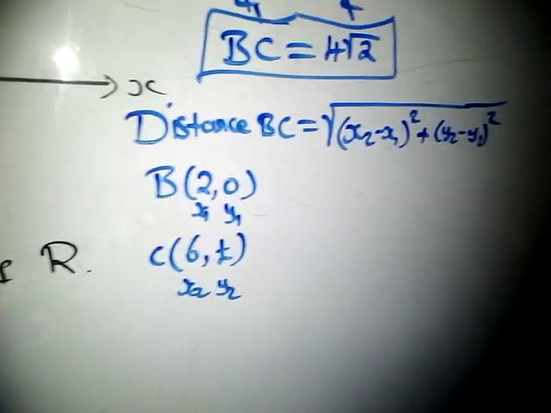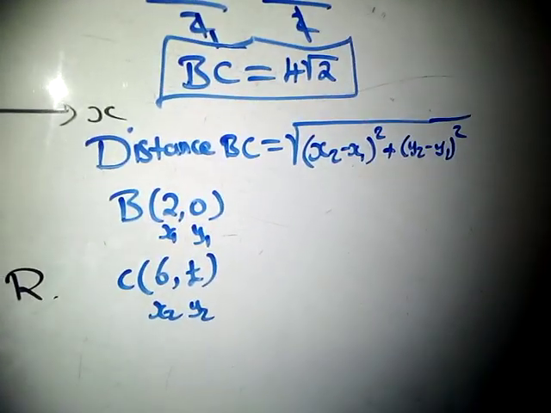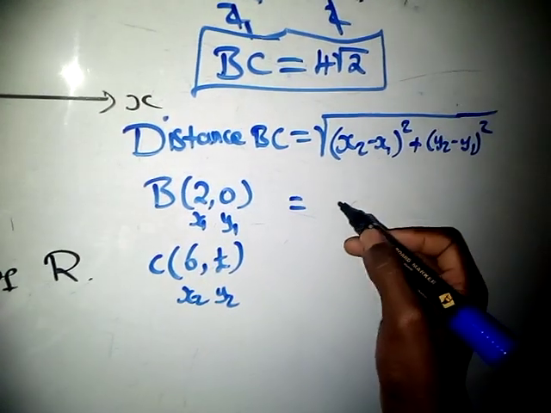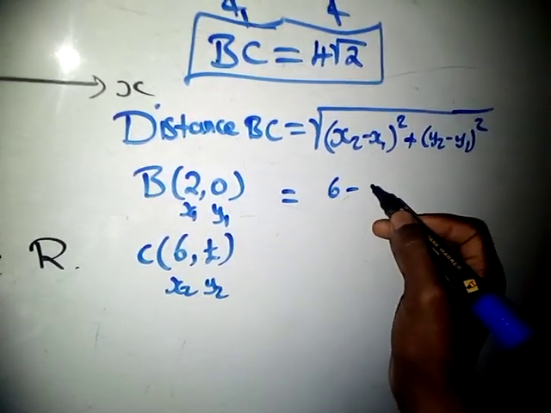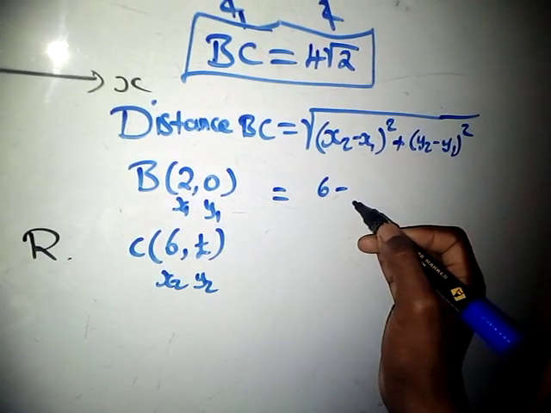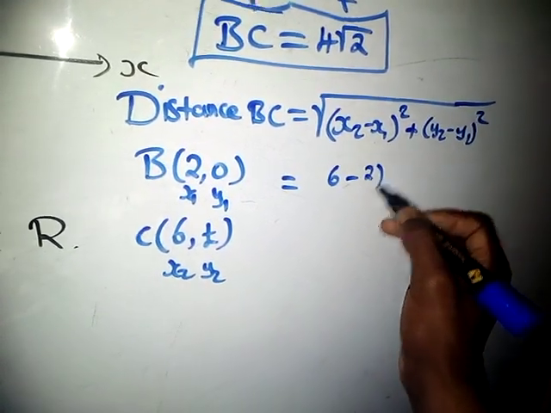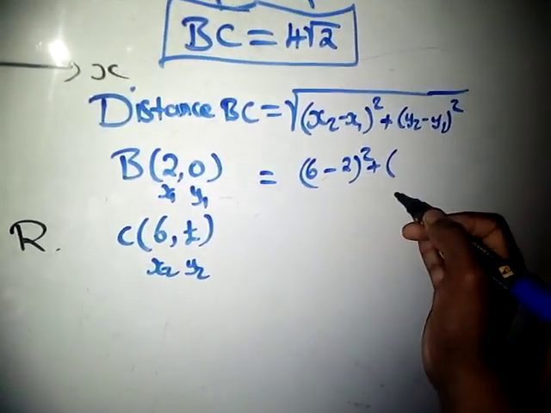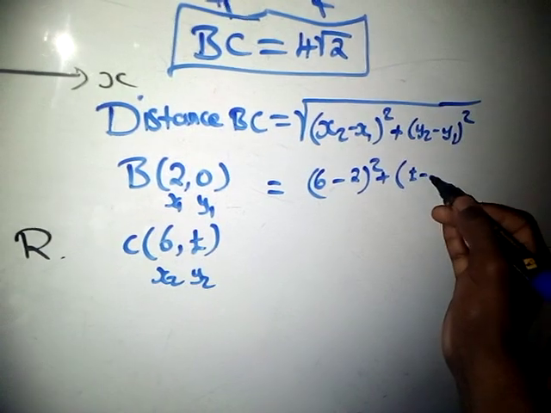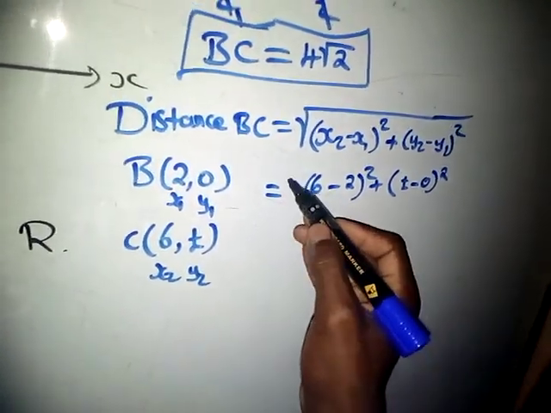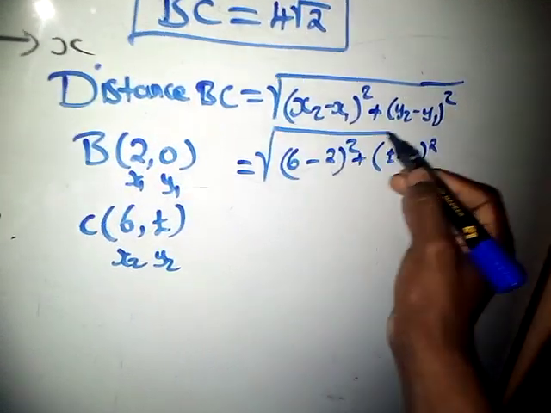Then you plug these into the formula. So x2, that is 6 minus x1, that is 2, raised to the second power, plus y2, we know that is t minus y1, that's 0, raised to the second power. Then everything under the square root.